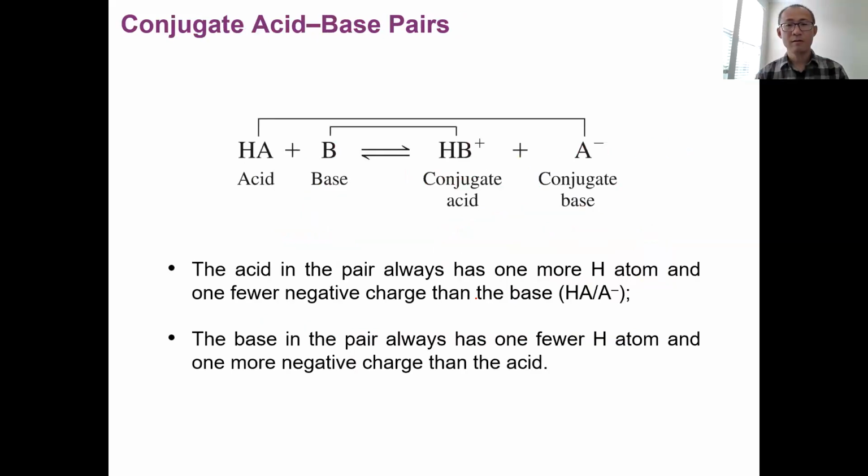Now, based on the generalized equation, if you remember, we talked about in chapter 9 that all reactions are technically reversible. After the acid and base transfer, the products A minus and BH plus can reverse back to the original acid and base if the reaction is indeed reversible.